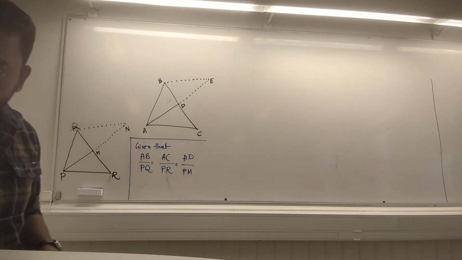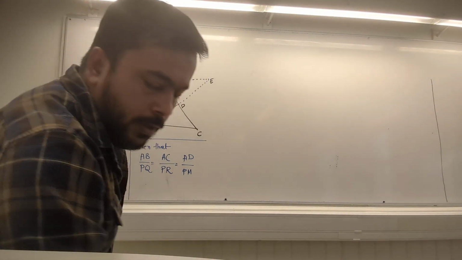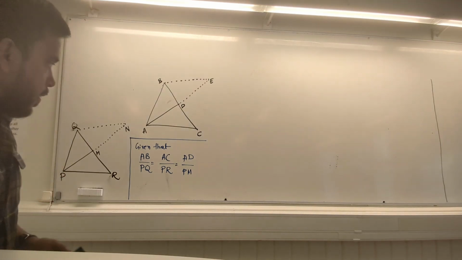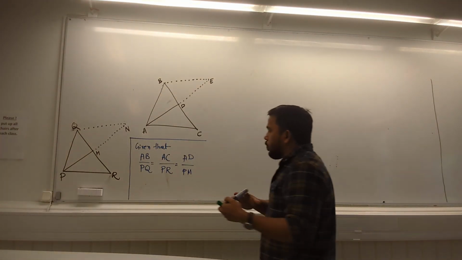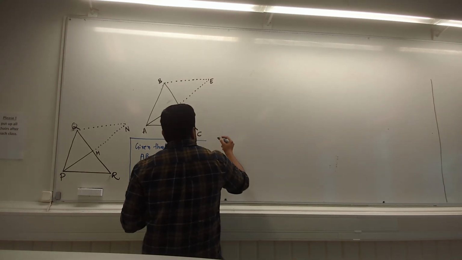Now the question is that we need to prove that both of them are similar. The issue with similar triangles is that when you know two triangles are similar, all the sides must also be proportional to each other.